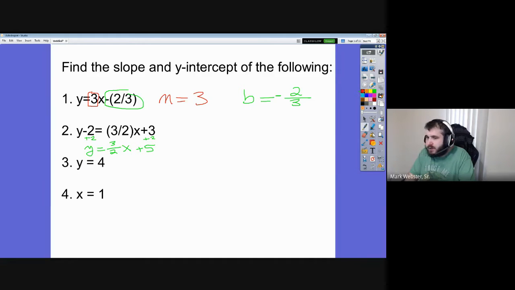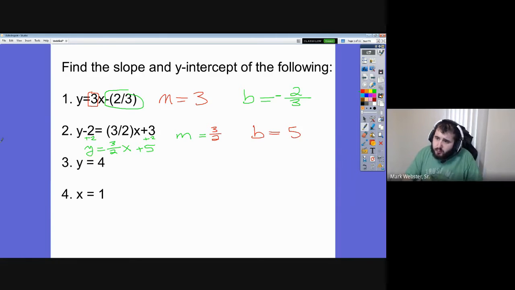And then we're going to go ahead. I'm going to say here our slope is the number on the x, so that's 3/2. And our y-intercept here is the number that's by itself. That's just 5.